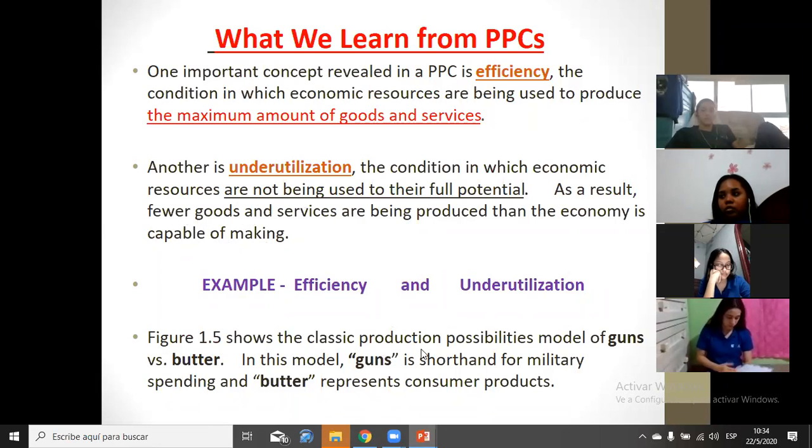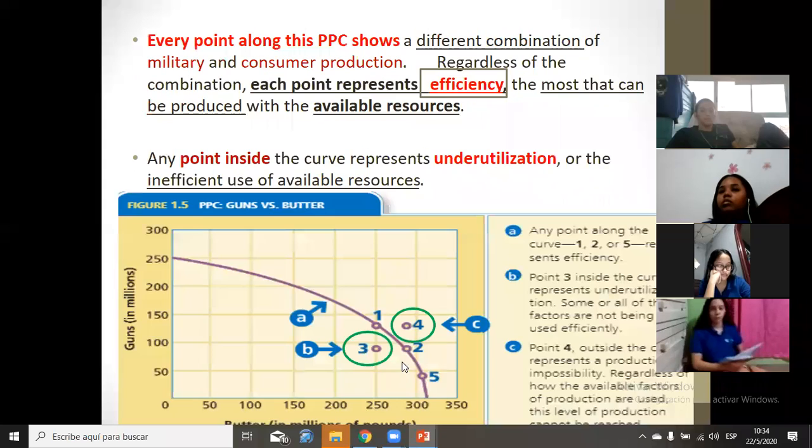And we spoke about this, guns and butter, whether to produce guns or butter. Over here, every point along the PPC shows a different combination of military and consumer production. Regardless, each point represents efficiency. Any point on this curve means efficiency, the most that can be produced with the available resources.